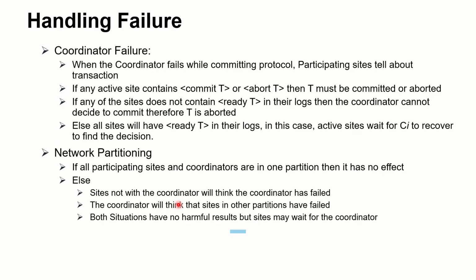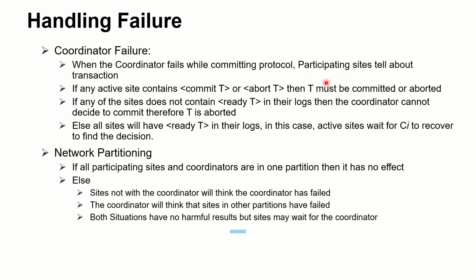Now let's look at when the coordinator fails. How are we going to handle that? Whenever a coordinator fails, we understand the situation from the participating sites, or active sites, to know whether the transaction was committed or not.